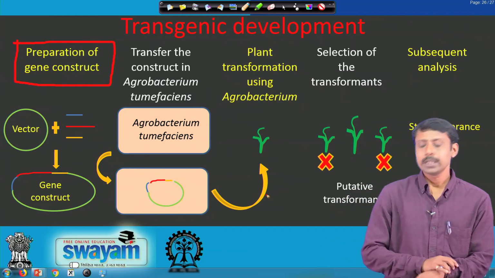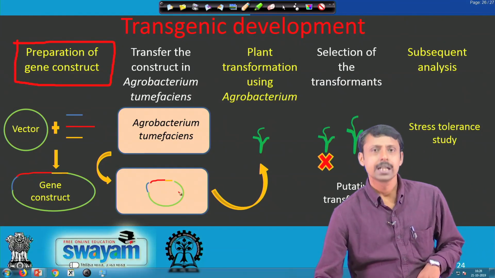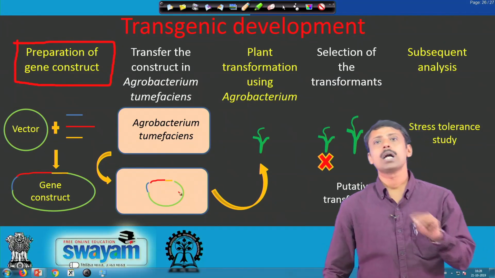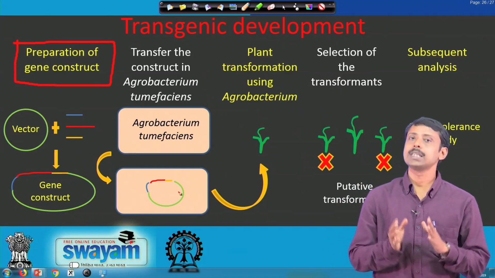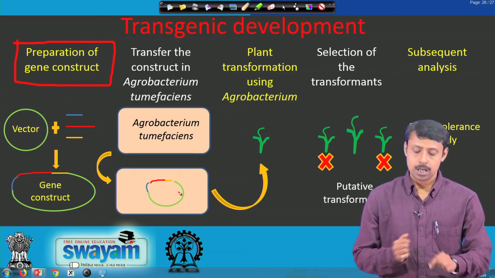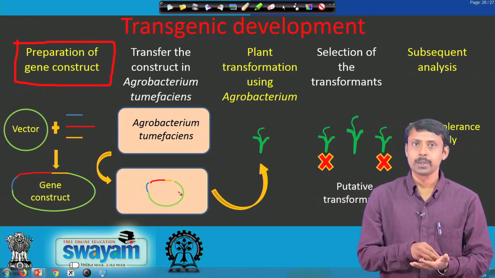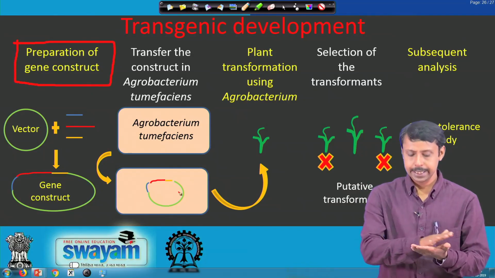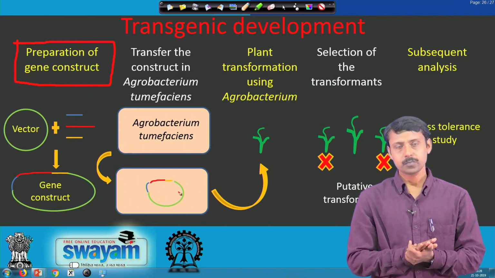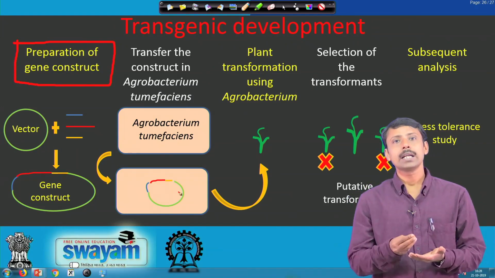Now, in this particular gene construct several selectable marker genes are available. Some selectable marker genes are available for bacterial selection, because after transforming into Agrobacterium we get a large number of colonies, but our desirable plasmid may not enter every colony.